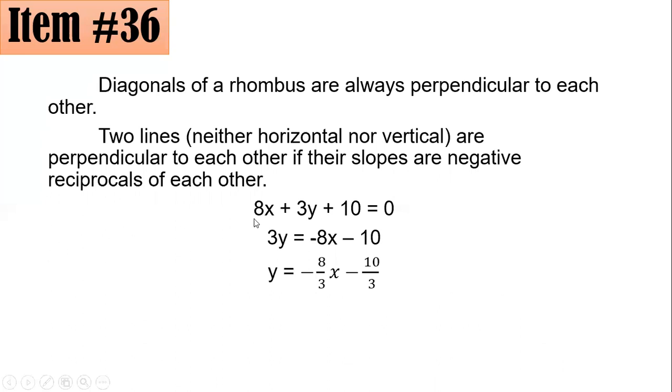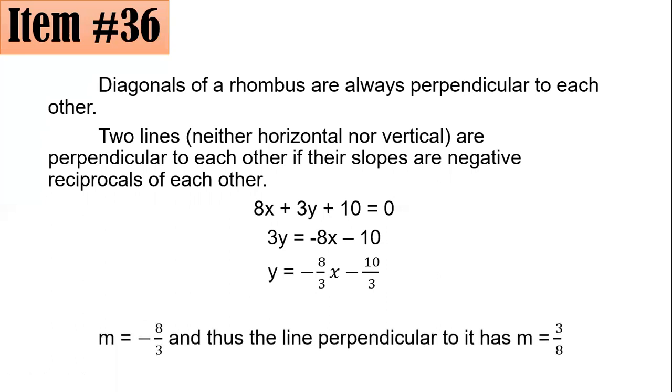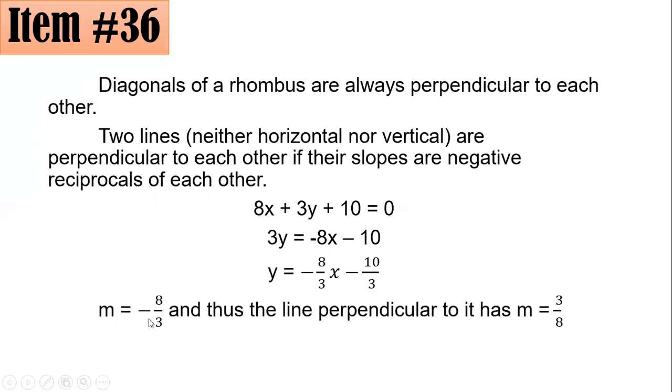But aside from that, if you are given the general or standard form, to get the slope, you just simply use the formula negative a over b, where a and b are the numerical coefficients of x and y respectively in the standard or general form. But nevertheless, we could see that the slope here is negative 8/3, and the slope of the line perpendicular to it should be its negative reciprocal, which is 3/8.